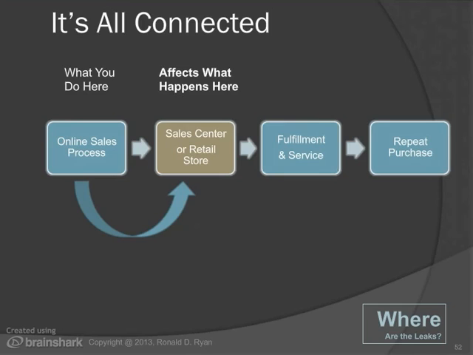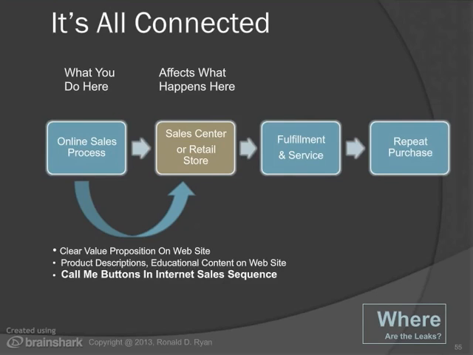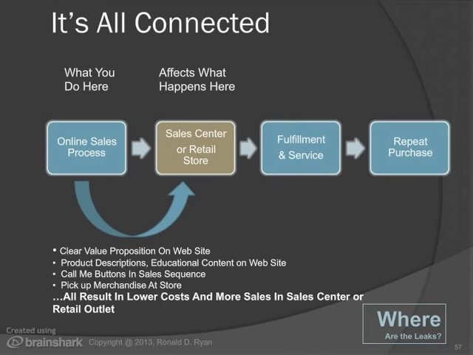Your telesales operation and your retail locations will benefit from a clear value proposition on your website, excellent product descriptions and educational content on your website, call me buttons in your internet sales sequence, and web tools that permit customers to buy online and then pick up merchandise at your stores. All of which will result in lower costs and more sales in your sales center or retail outlet.